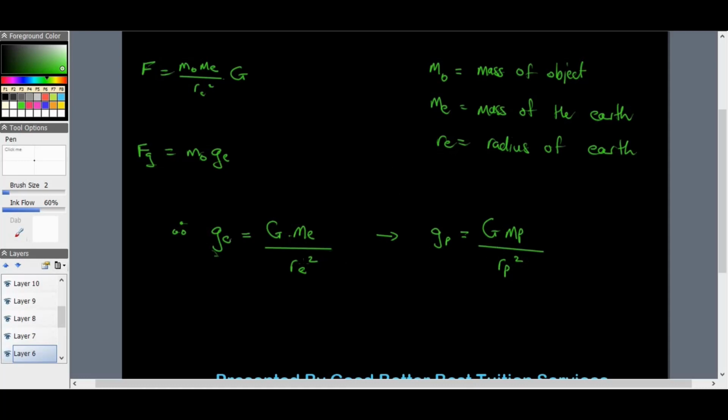E in this case is Earth. So the general formula for any other planet is g_P, P for planet, equal to the gravitational constant G times the mass of that planet divided by the radius of that planet all squared.